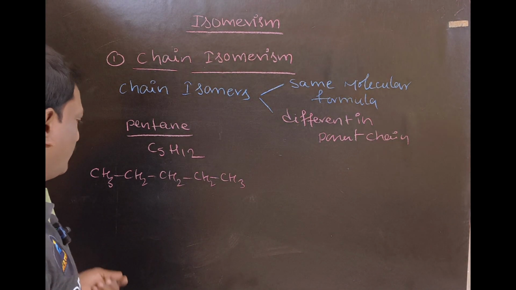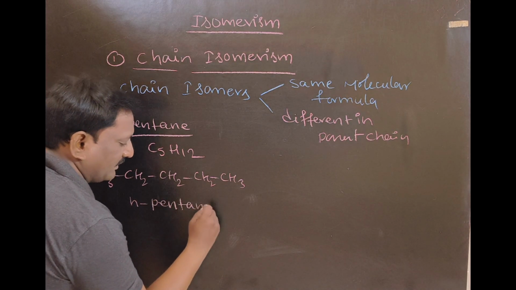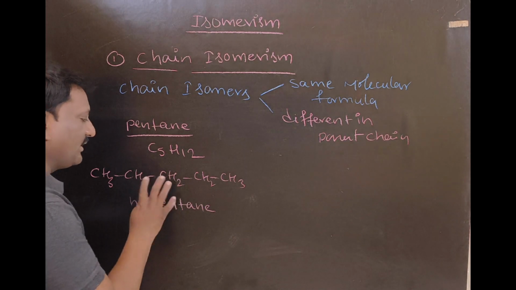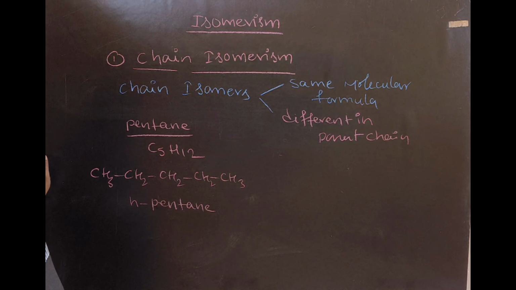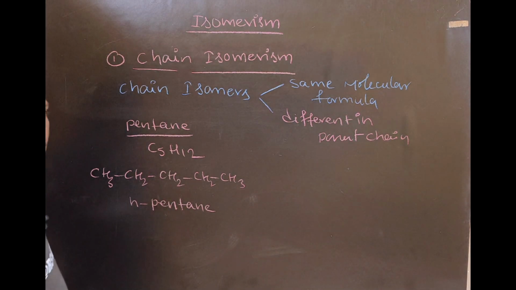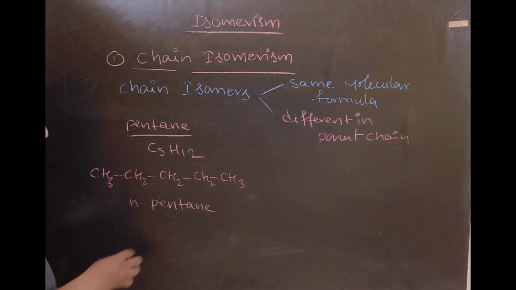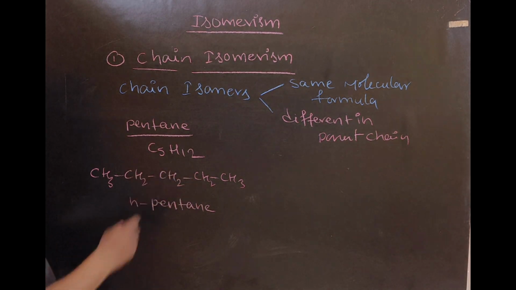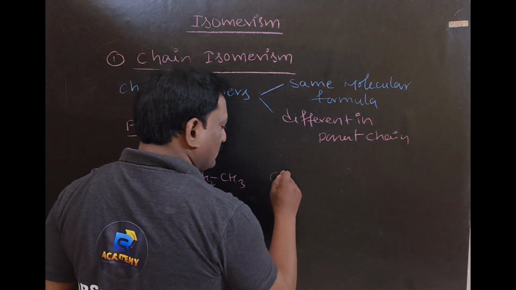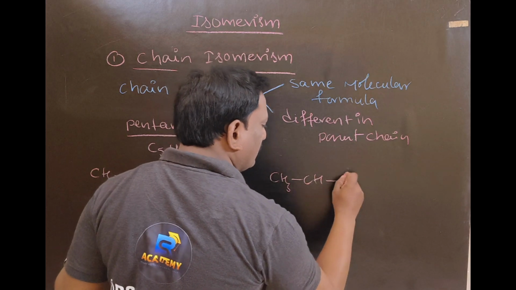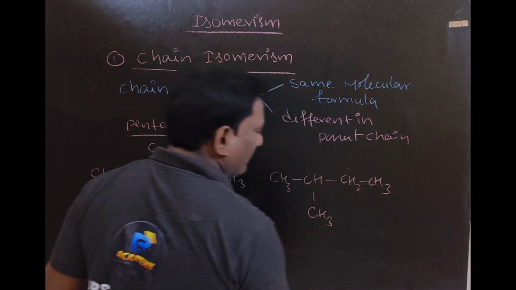This is called n-pentane. n-pentane means there are no methyl groups on the parent chain. Now I would like to make a change in the parent chain. I would like to convert n-pentane into a different structure like this. Listen to me. CH3, CH2, CH3. Here I would like to add one more carbon.